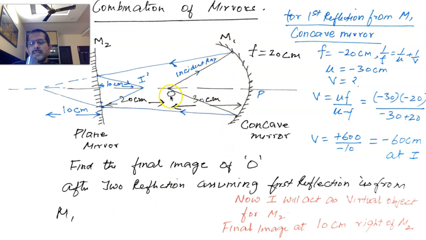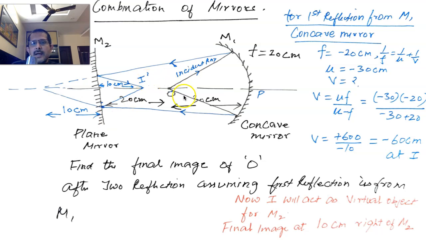So keeping this object in place, we will first find the image because of this mirror, wherever the image is forming due to this object and this mirror. Now wherever the image is, you have to make that a virtual object for the second mirror and find the image again to get the answer.